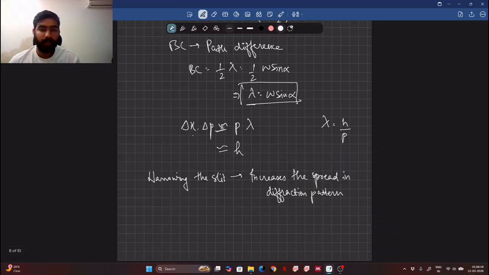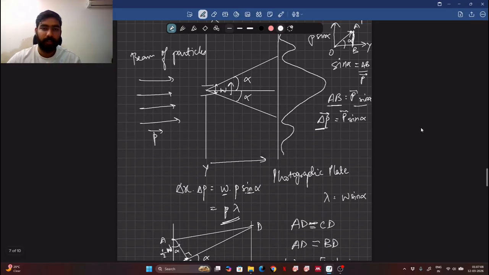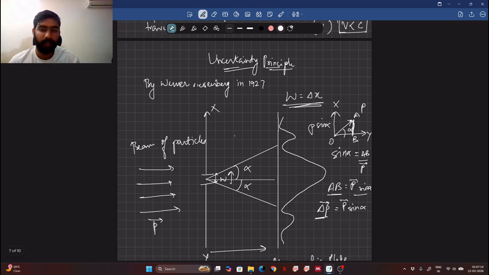So the product is approximately equal to a constant. If we are increasing the spread in x, the spread in p decreases, and vice versa. So if we are narrowing the slit, the spread in the diffraction pattern increases. If we decrease W, this spread will increase.